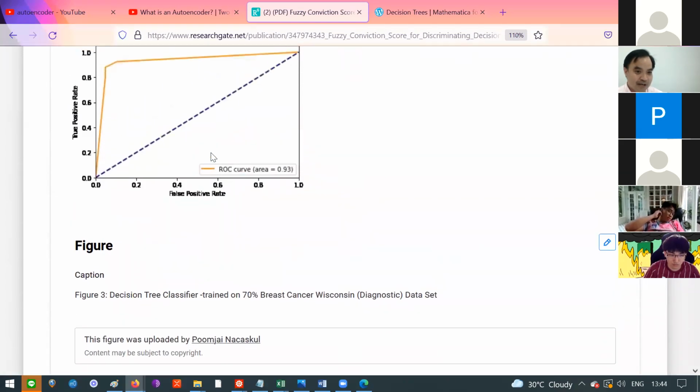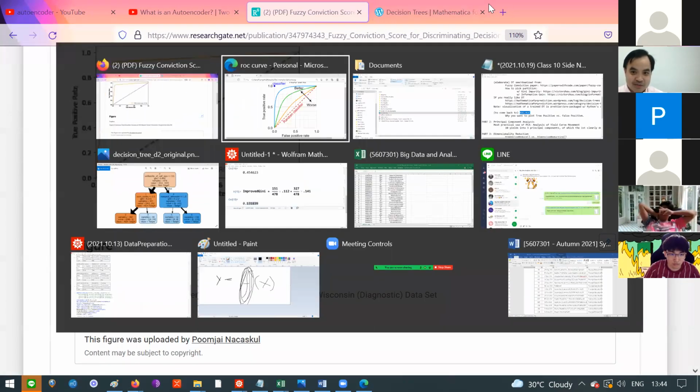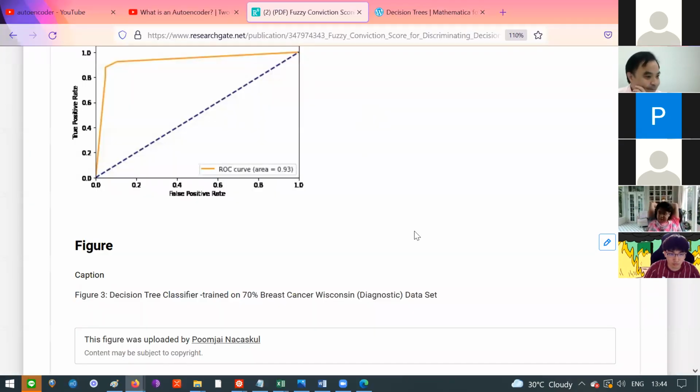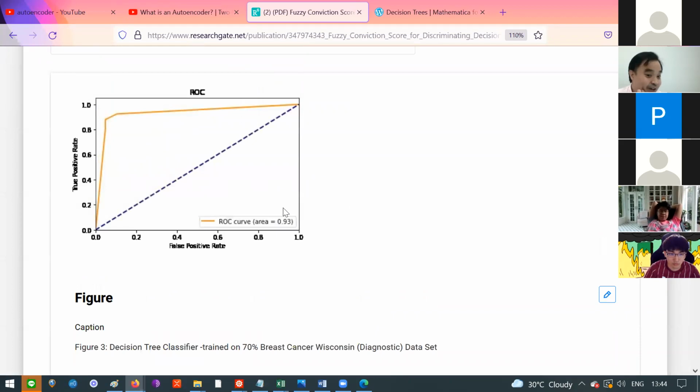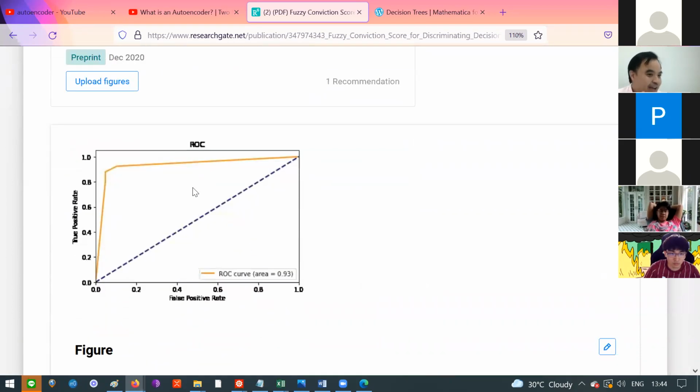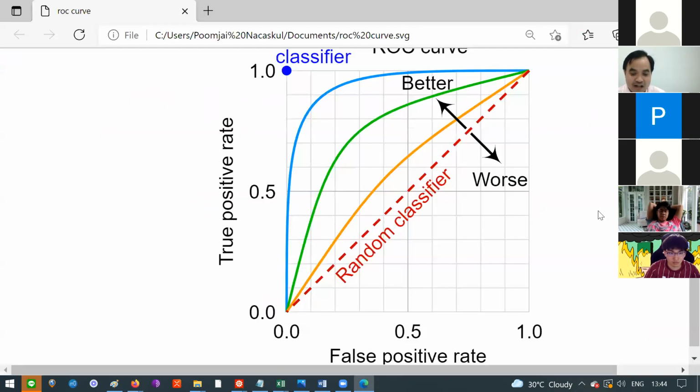If you look at this, you should say that this is a very good model. The model that we did, just looking at the picture alone, is good, but I'll show you why it's good.